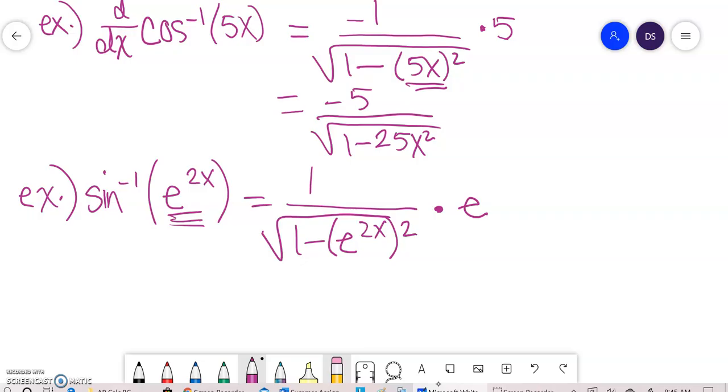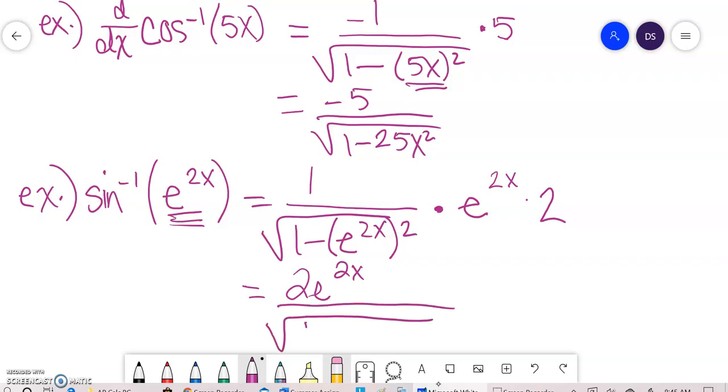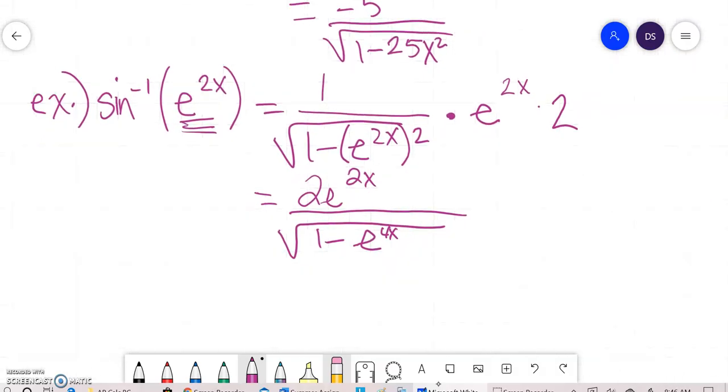And the derivative of e to the 2x is e to the 2x times 2. So again, I can clean it up if I'd like. And powers to powers multiply, so that's e to the 4x. Don't get too lazy and not know how to simplify your work, because 45 questions are multiple choice and 6 are free response. Although they are equivalent in grades, you still have to know how to simplify.